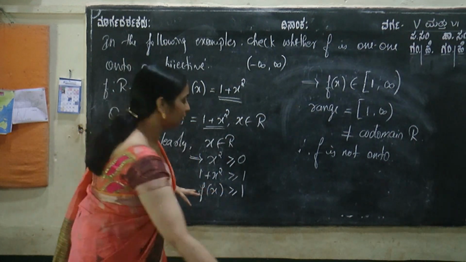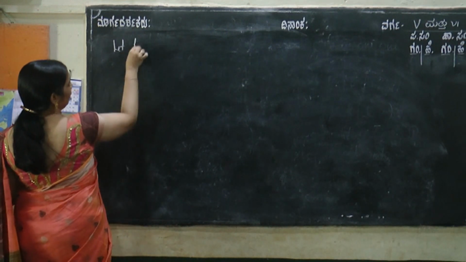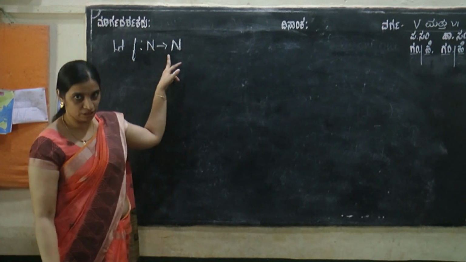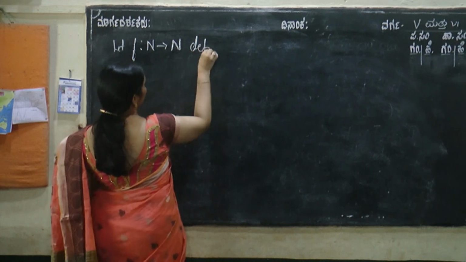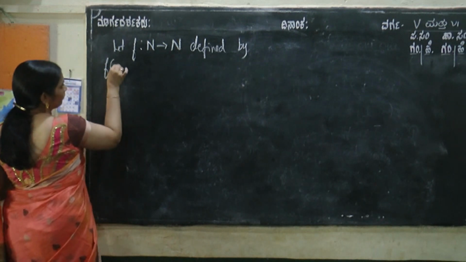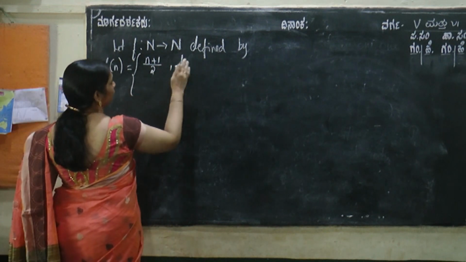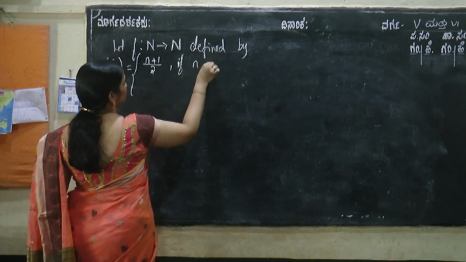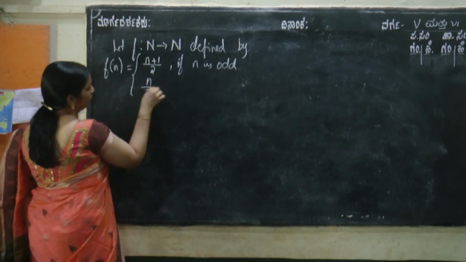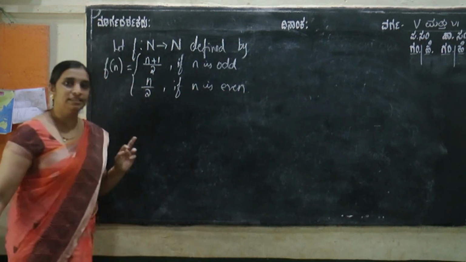Now let us move on to the next example. In this example, let f be a function defined on the set of natural numbers by f of n is equal to n plus 1 divided by 2 if n is odd, and it is n by 2 if n is even.